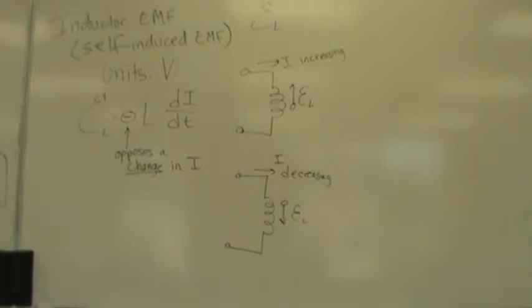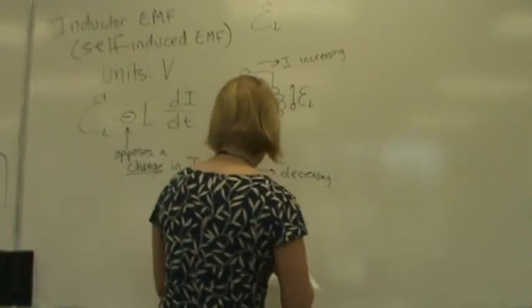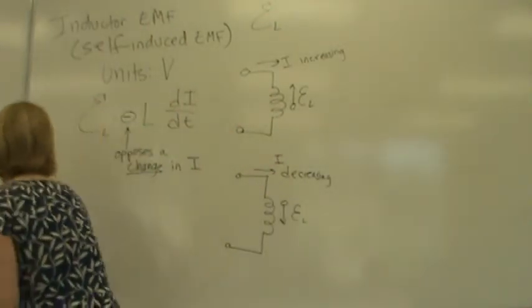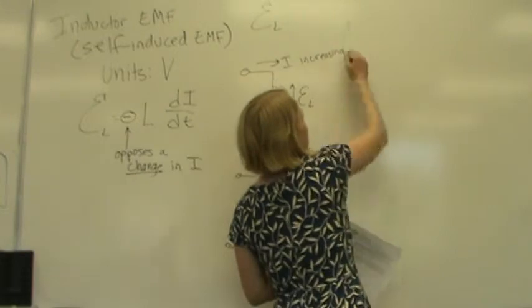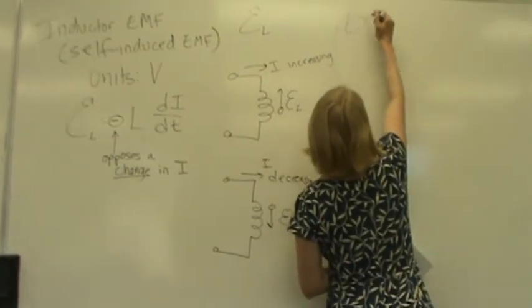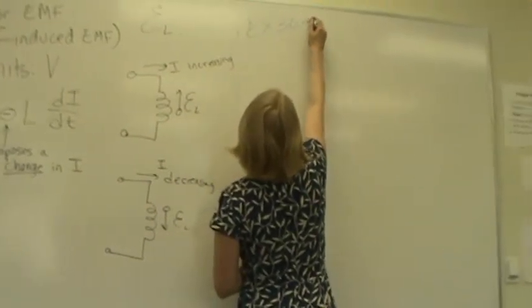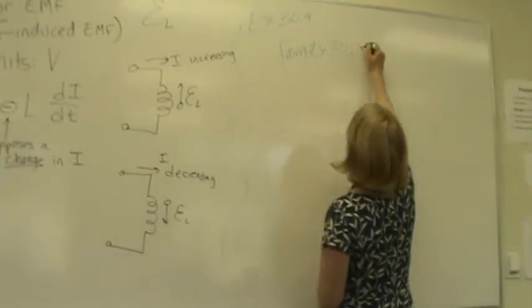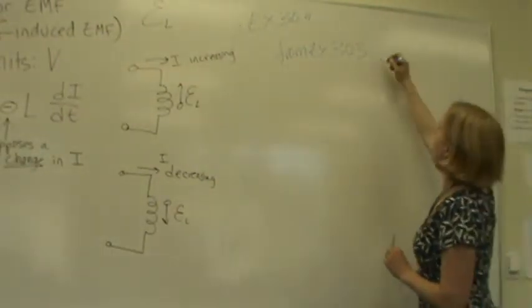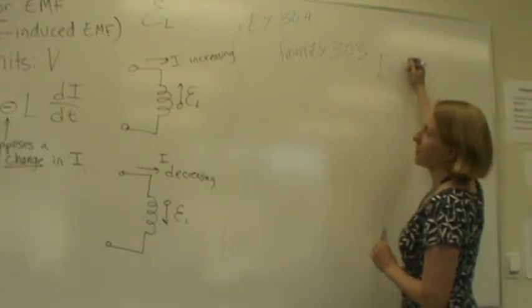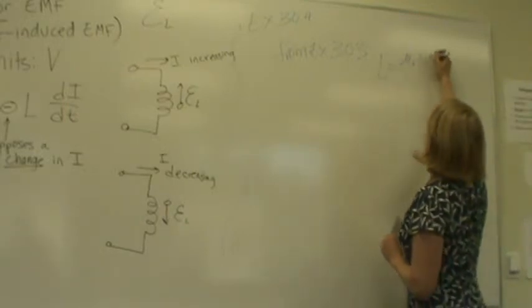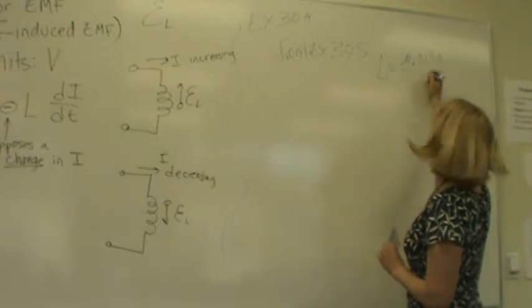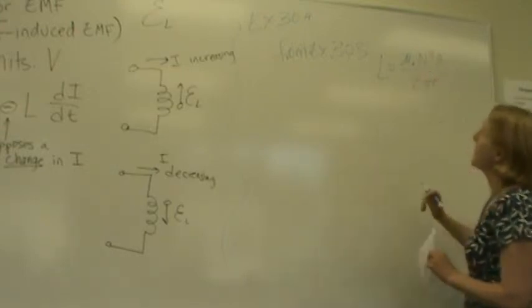So we solved for L, mu naught n squared A over 2 pi r. I'll just do this work over here. So from example 30.3, L is mu naught n squared A over 2 pi r.